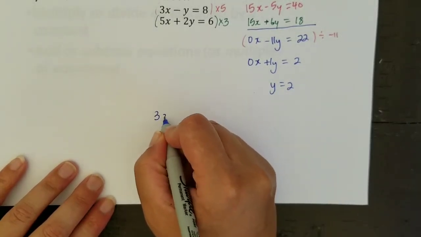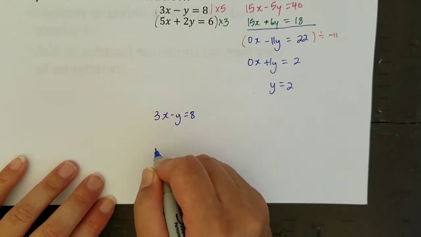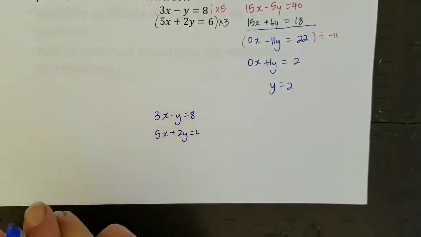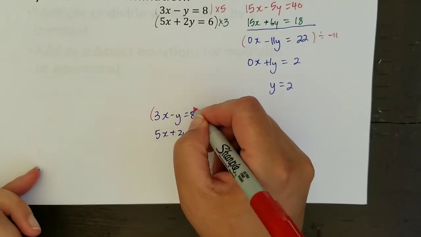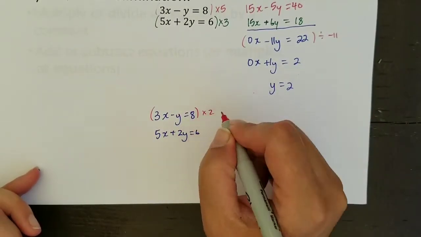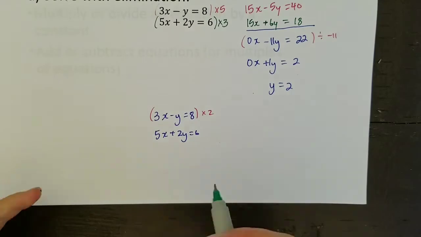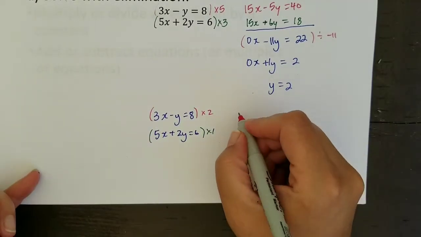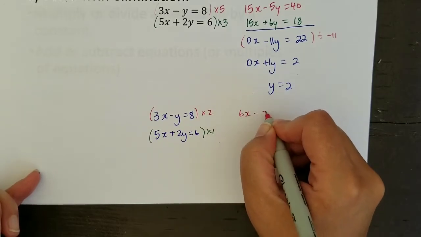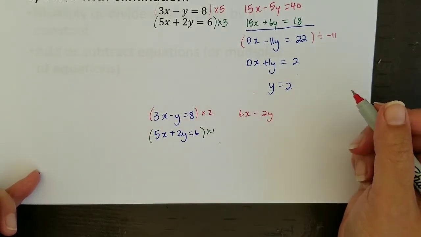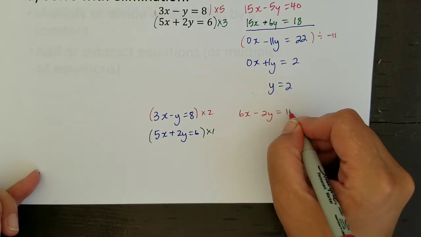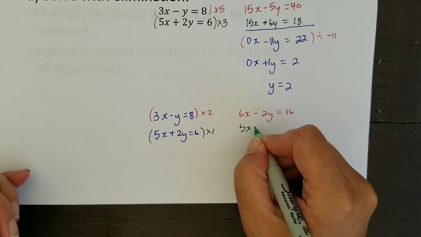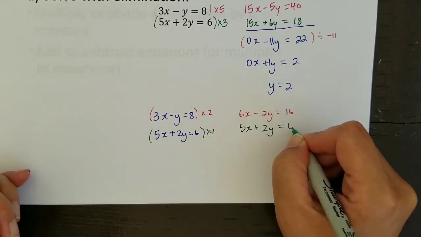So if I had 3x minus y equals 8, just copying down my original equations, I could multiply the first one by 2, and I would keep the second one the same. Here I would be given 6x minus 2y equals 16, and the second equation not changing, 5x plus 2y equals 6.